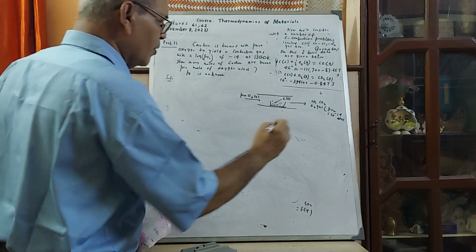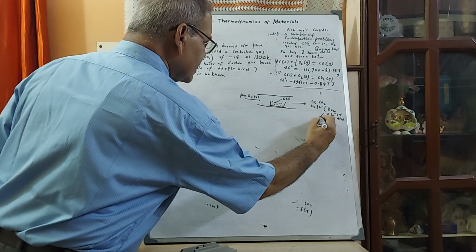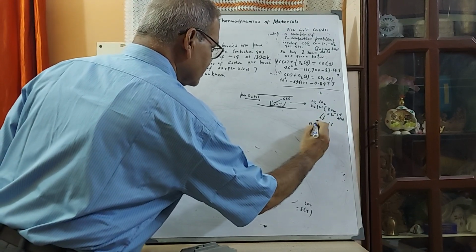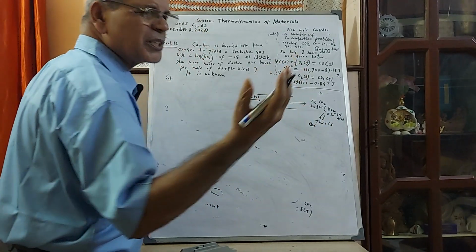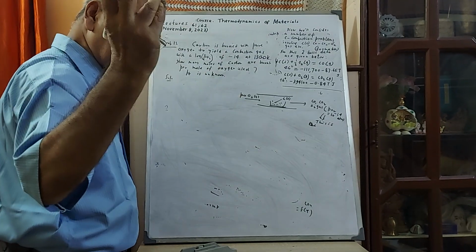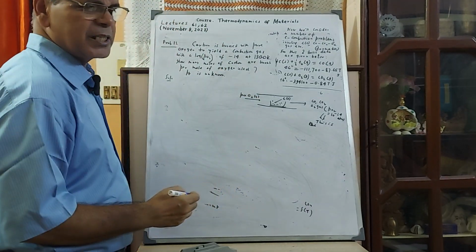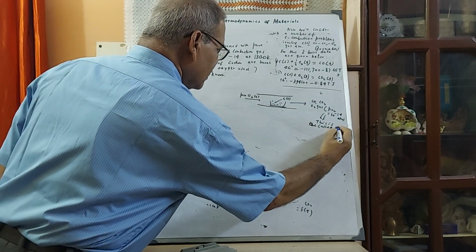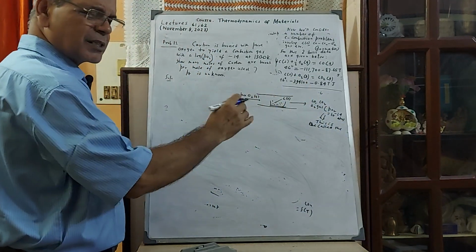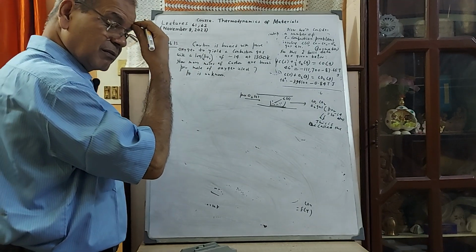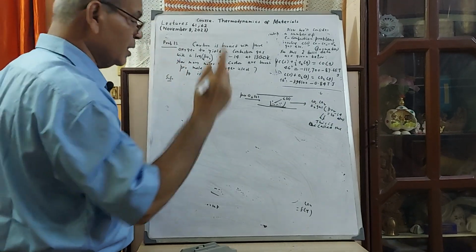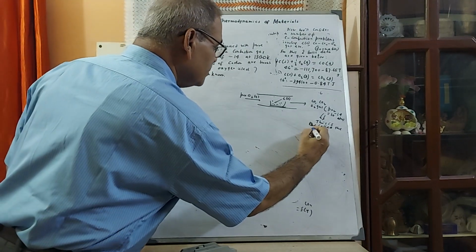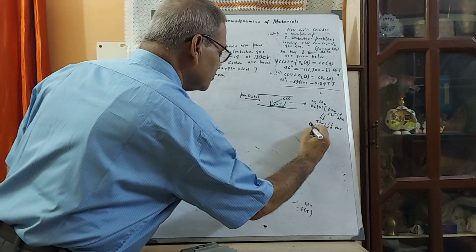If you are interested, this is called oxygen potential, the important parameter, the chemical potential of oxygen. Chemical potential I have taught you, partial molar free energy, mu, etc. I'll touch upon this later on. When we discuss the Ellingham diagram, this is called the oxygen potential.